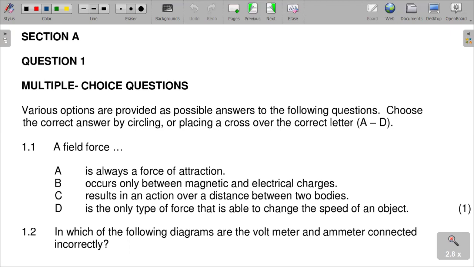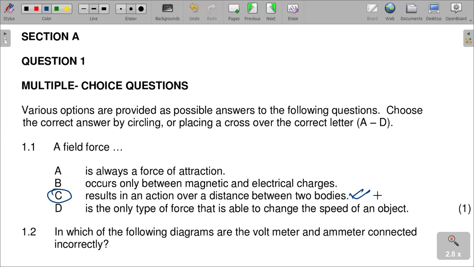B, occurs only between magnetic and electrical charges. C, results in an action over a distance between two bodies. D, is the only type of force that is able to change the speed of an object. A field force results in an action over a distance between two bodies. That is C, number one.